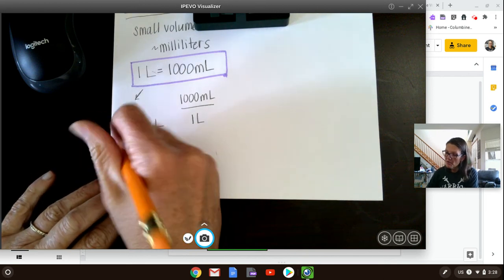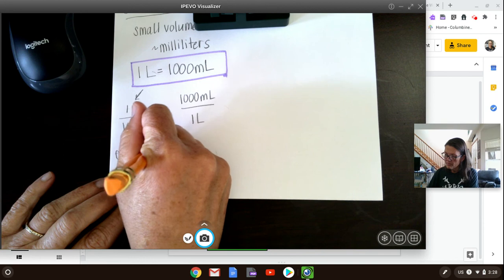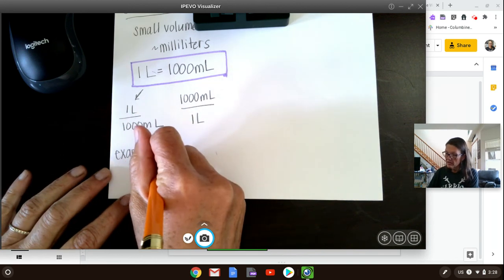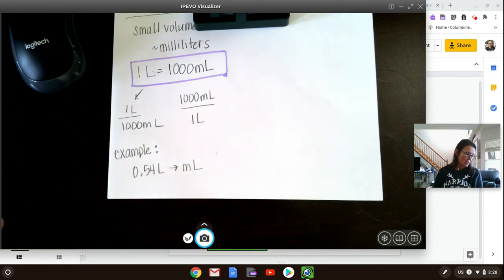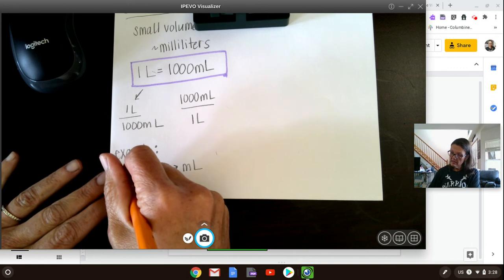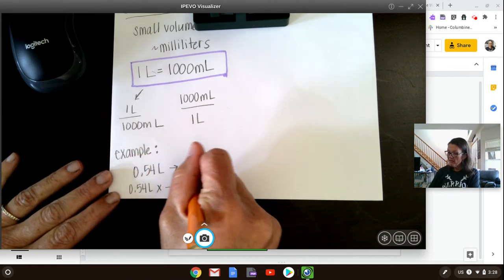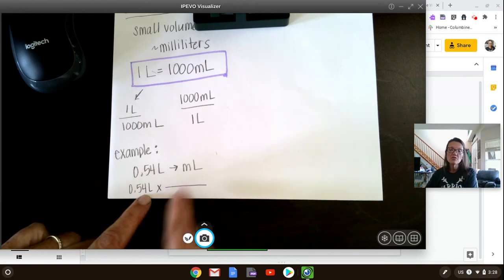So for example, let's say that I want you to take 0.54 liters and convert it to milliliters. What's that going to look like? Well, I'll take my 0.54 liters and multiply it by a fraction so that I can get rid of this word liter and turn it into the word milliliter.